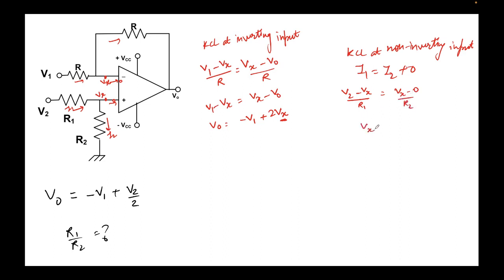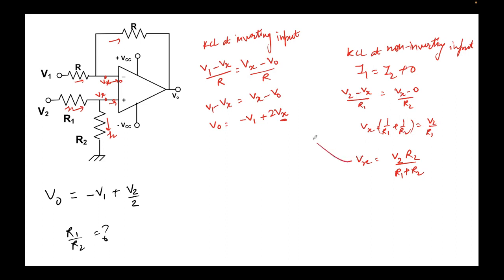Now solving this, I can get Vx times 1 by R1 plus 1 by R2 equal to V2 by R1. This will give me Vx equal to V2 times R2 upon R1 plus R2. I have just taken the LCM here. R1 gets cancelled, R2 remains, so it goes here.